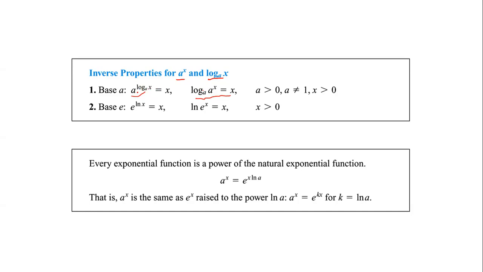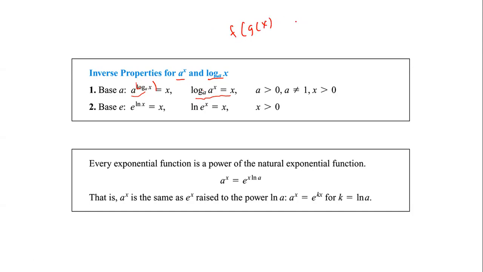Anytime you have a log to the base a, where a is raised to this exponent, you have like f of g of x. This is f of g of x.